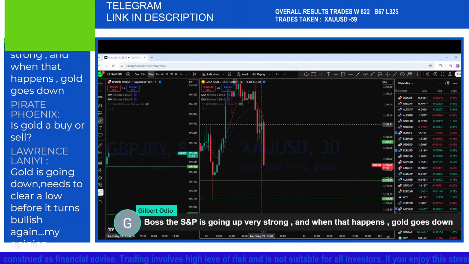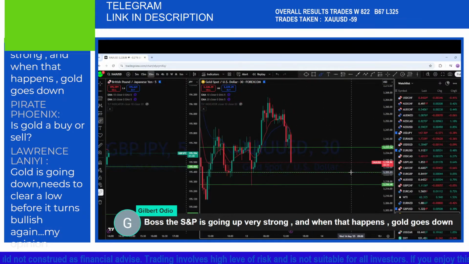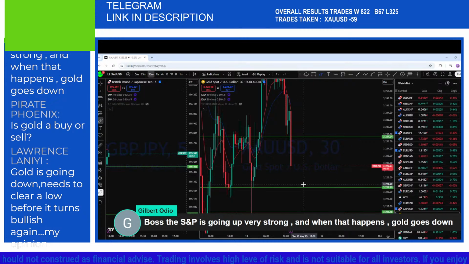With these two narrow green candle formations, the market started to break below.